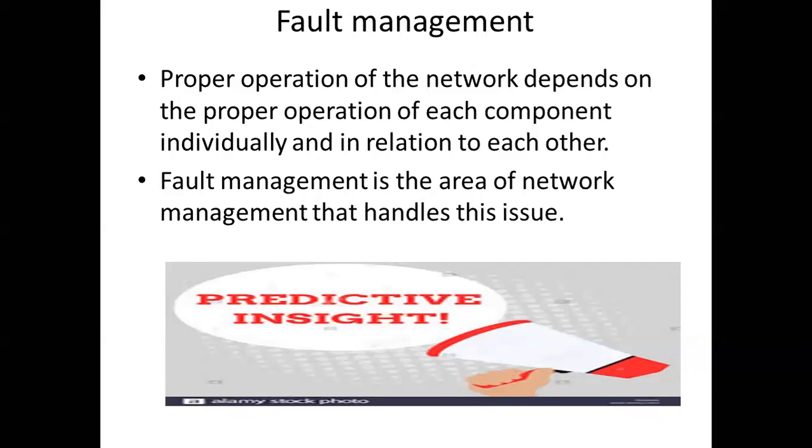I'll give you one example. Imagine we have a computer and we have some hard disk in it, and it is connected to some other server maybe. Okay, and maybe the server hard disk is getting full. Now once it gets full and you try to store something in it, it will give you an error message saying that the disk is full, you are unable to write. Now what is the fault that has occurred there? What is the problem that has occurred? The existing hard disk has become full.